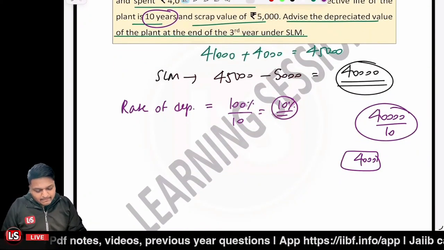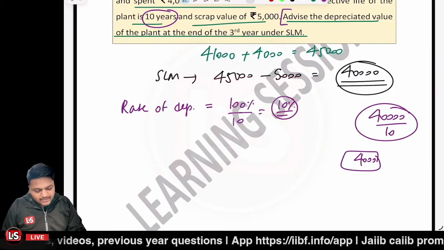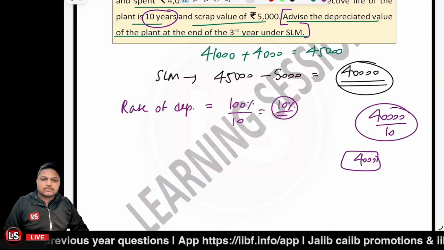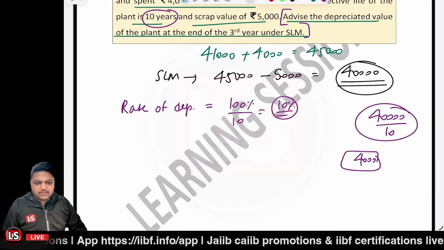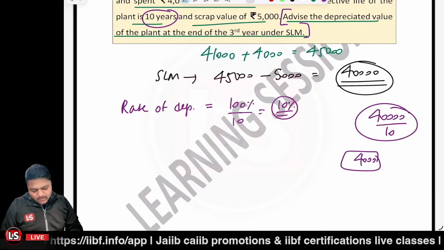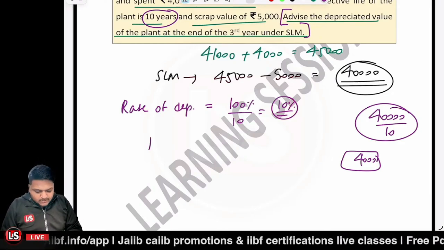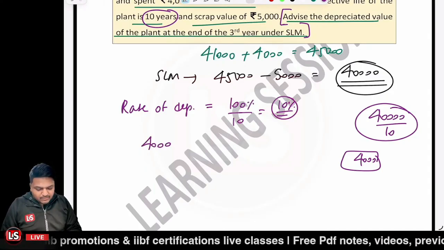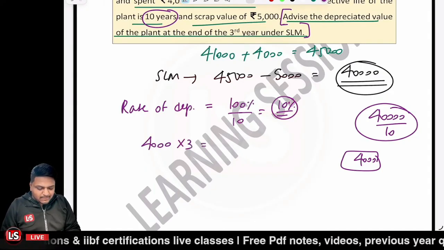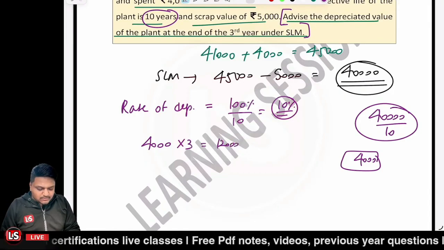Now we have to tell the depreciated value at the end of the third year. What would that be? That would be depreciation for the first year, the second year, and the third year, means 4,000 multiplied by 3, that is 12,000 rupees.